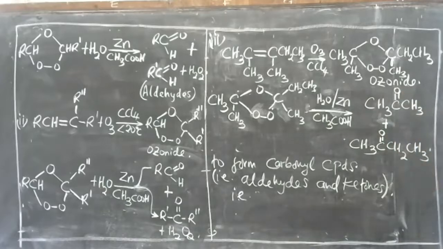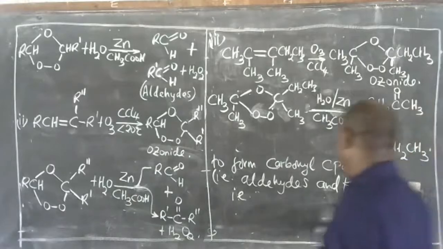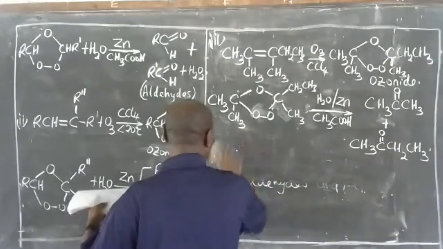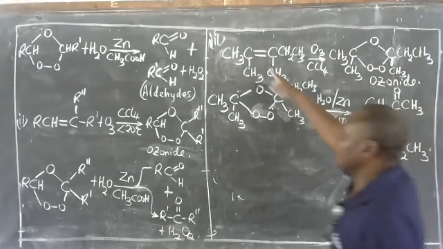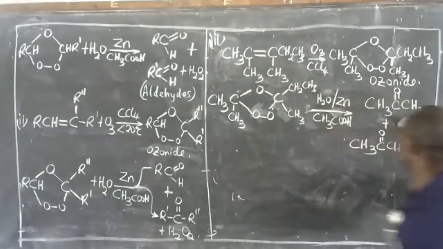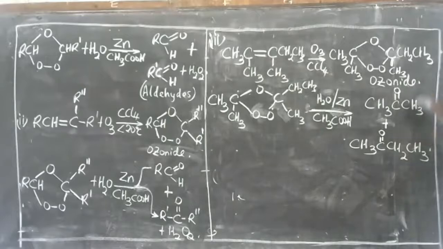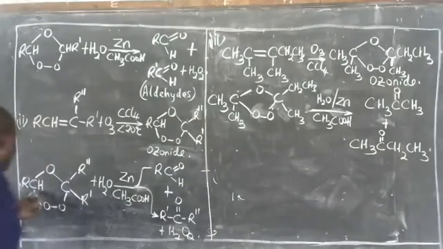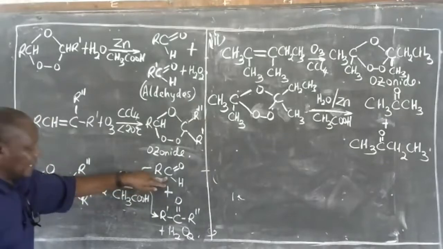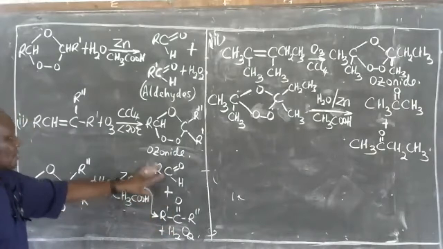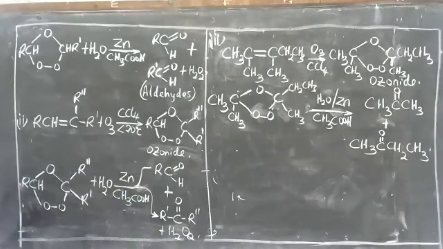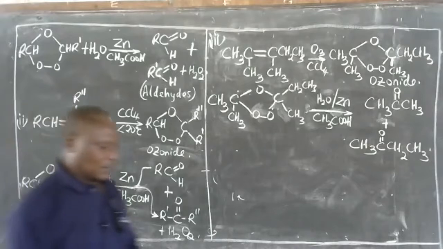So you get this one plus that one. So in case there is no hydrogen here, we end up getting what? Ketones. But if there was hydrogen, for example, here, we got an aldehyde, and then this one gave us a ketone. So you can use these ones here as well to establish the position of the double bond.